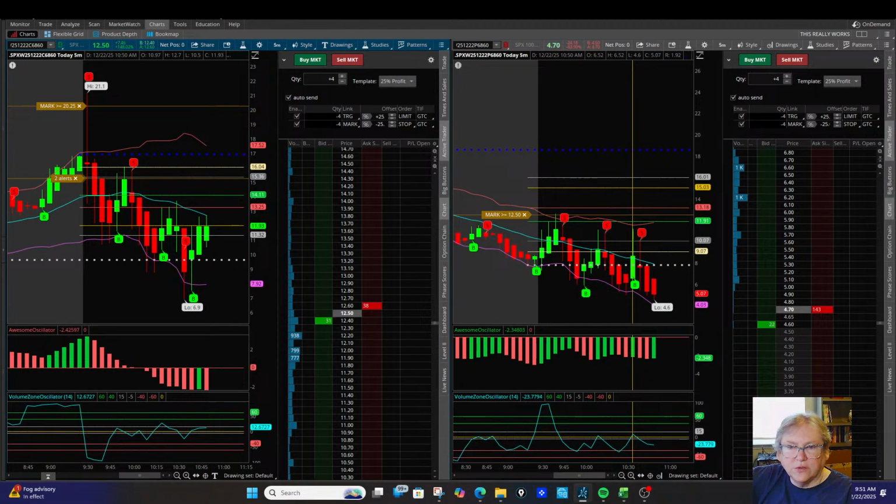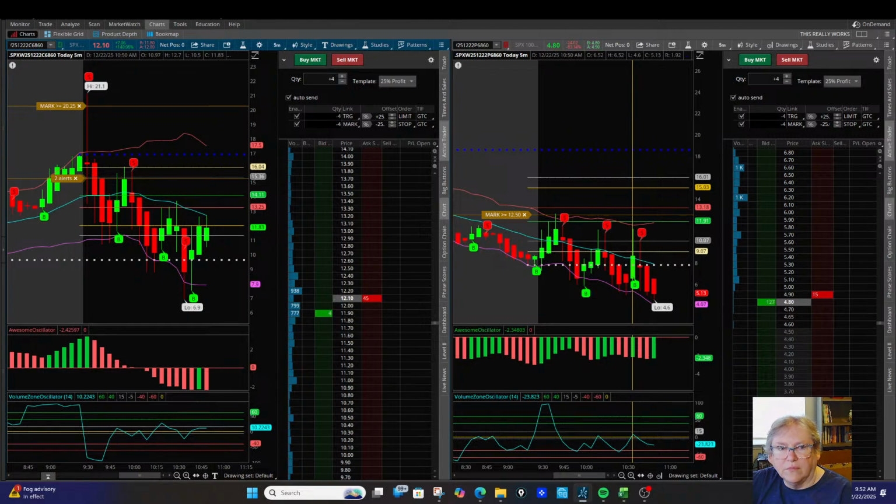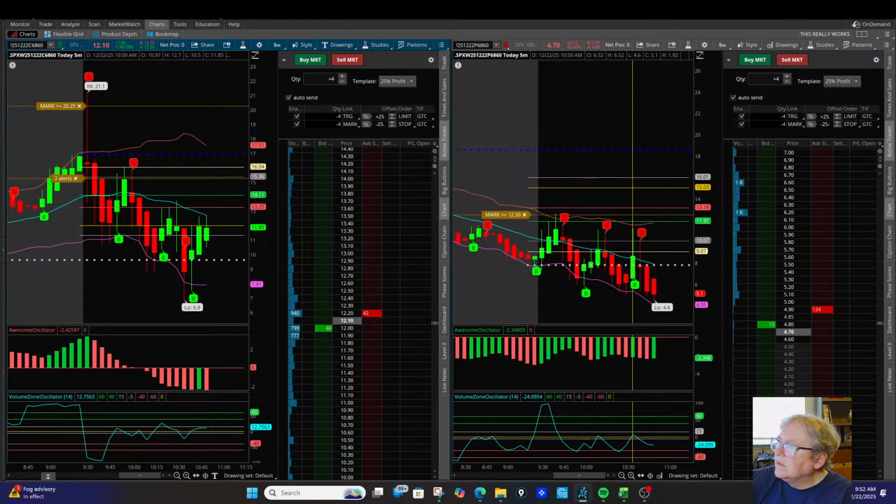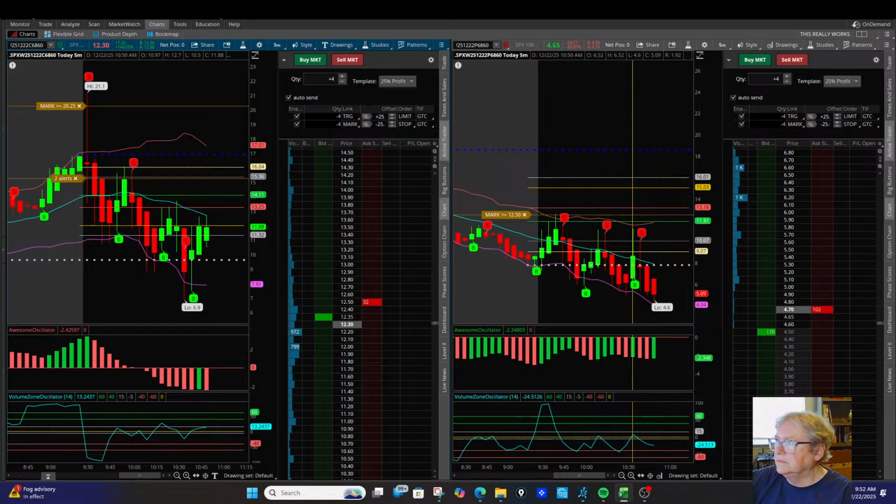So if I had traded for real this morning, I would have definitely got stopped out. And this last trade, the stop would have been 9.15. And I would have lost 1,220.